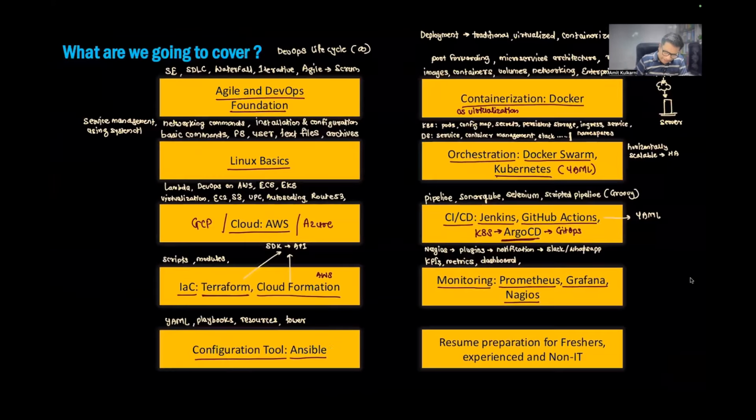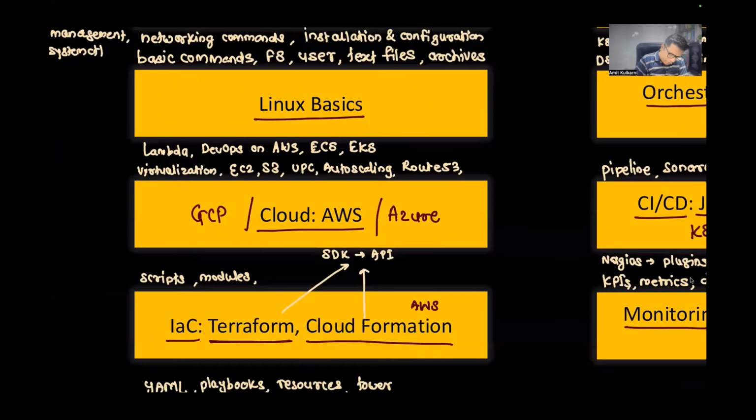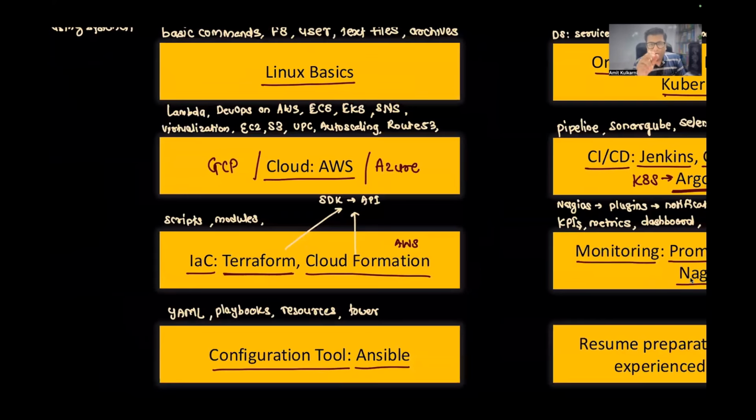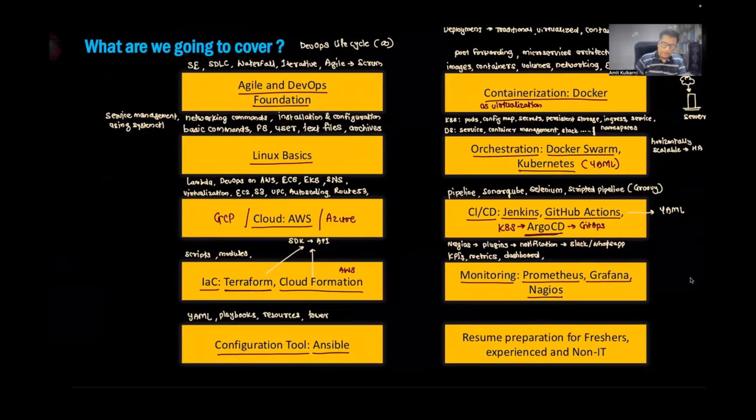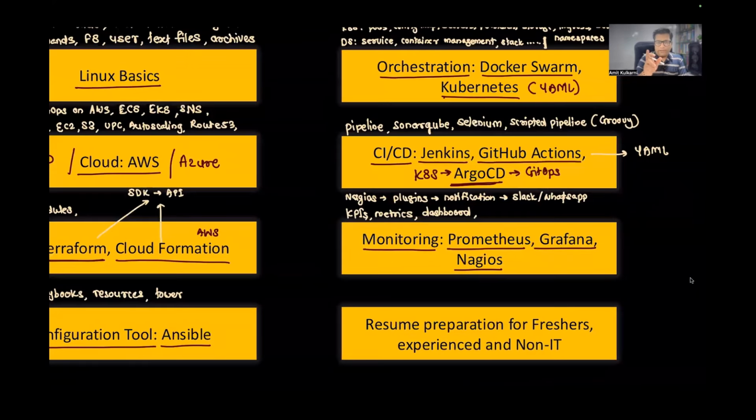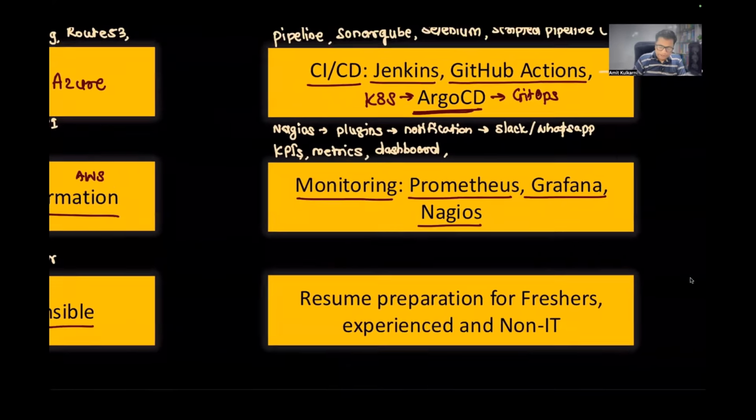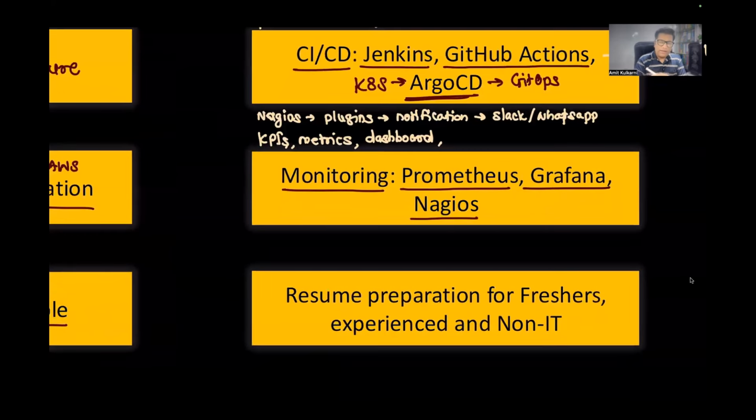This WhatsApp or Slack reminds me, in case of AWS, there's one more service we'll talk about, called SNS, the Simple Notification Service, which will help us to send a message directly to your mobile. These are text messages, maybe you can call it an Android push notification or iOS push notification.